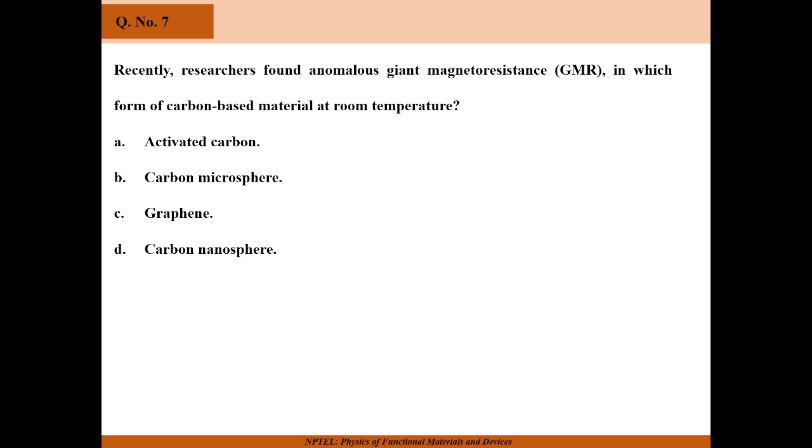Recently, researchers found anomalous giant magnetoresistance in which form of carbon-based material at room temperature? Activated carbon, carbon microsphere, graphene, or carbon nanosphere?